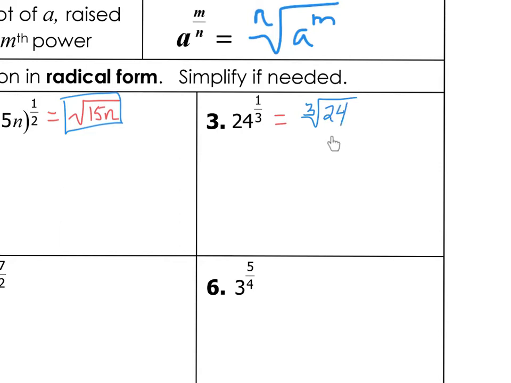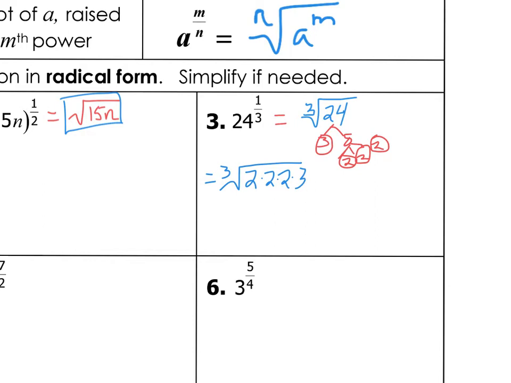So then all you have to do is do what we've talked about before. You're going to simplify the cube root of 24. So if you prime factor 24, you've got 3 times 8, and then by now you should know that 8 is 3 2s. So the cube root of 24 is 2 times 2 times 2 times 3, or you could write 2 to the third power times 3.